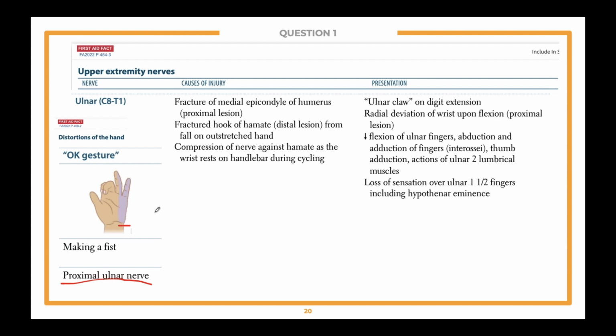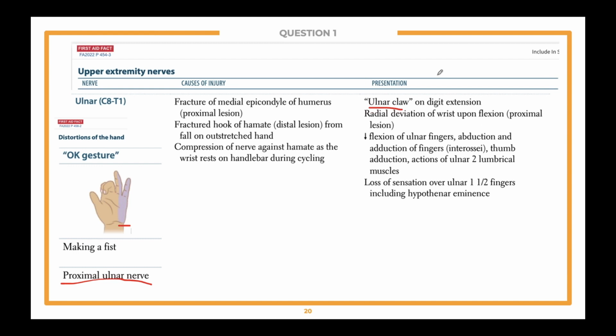Now, if we take a look at that other table, looking at upper extremity nerves, you can see that they call this the ulnar claw on digit extension, okay? You can see there that you have decreased flexion of ulnar fingers, and that's what we have here, decreased flexion of that fifth and fourth finger.